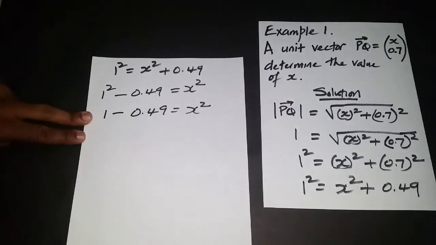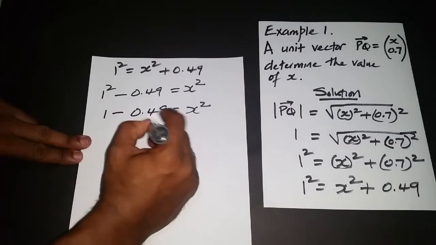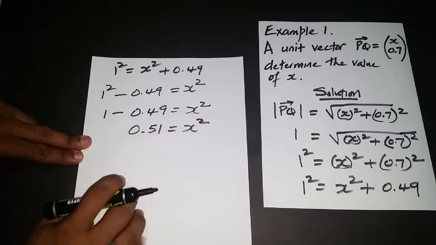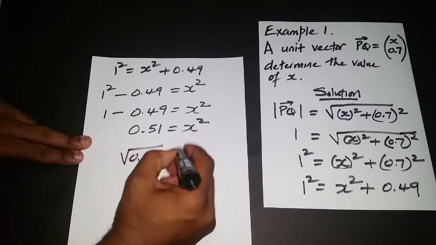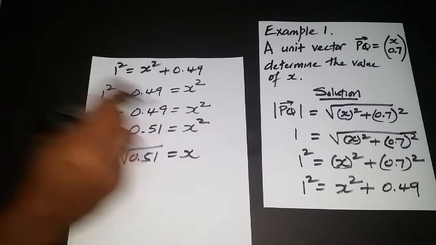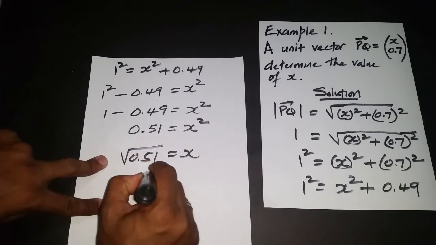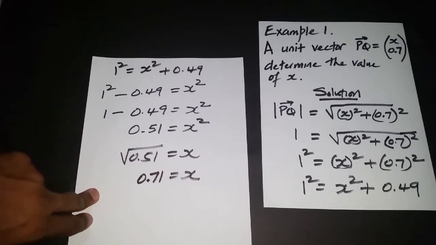Now 1 minus 0.49 should give you 0.51, and that is equal to x squared. To find x, we simply take the square root of 0.51, which is simply 0.71. So therefore the value of x is 0.71.